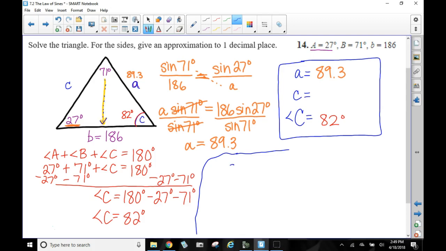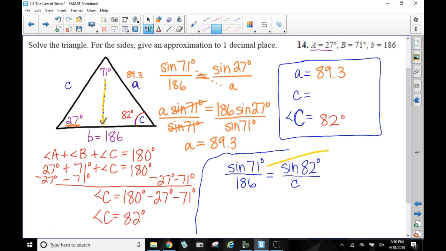The sine of angle B, which is 71 degrees, is to side B, which is 186, as the sine of angle C, which I just found to be 82 degrees, is to side C. So we're going to cross multiply.